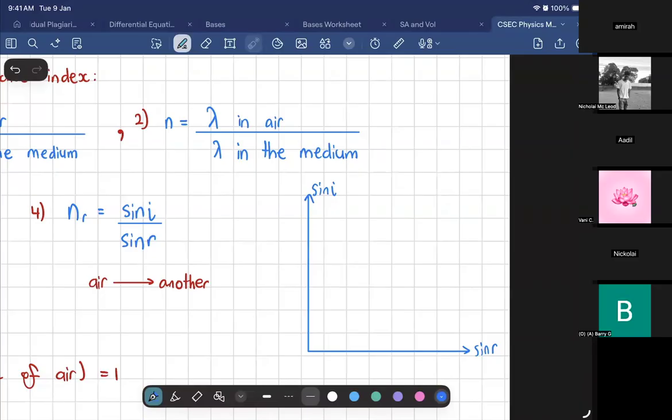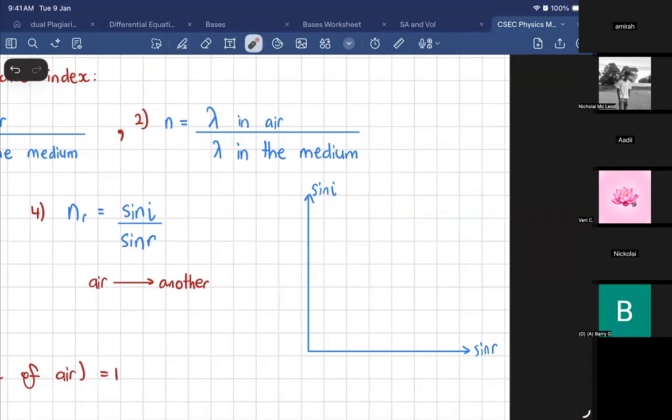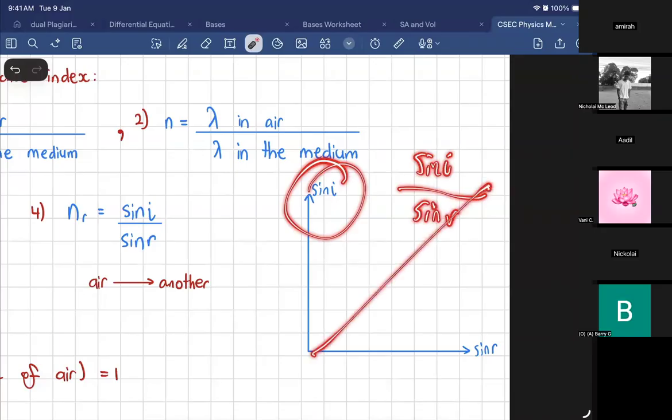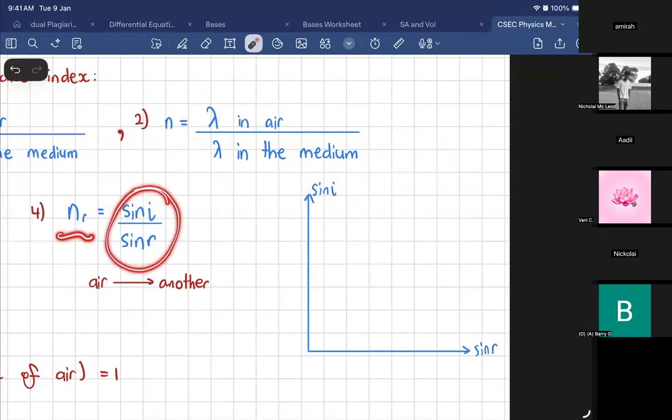If you're confused, remember gradient is change in y over change in x. On the y-axis we have sin i, and on the x-axis we have sin r. So by finding the gradient, you're effectively finding sin i over sin r. And sin i over sin r is equal to what? Nr, which is the refractive index.